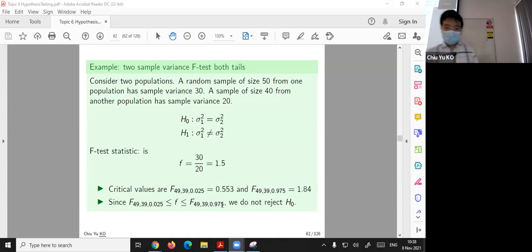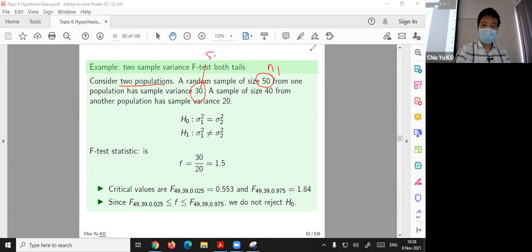Okay, so look at the question again. We have the question as follows. Population, this is N1, and this is S1 square as variance. Sample size, this is N2, this is S2 square.